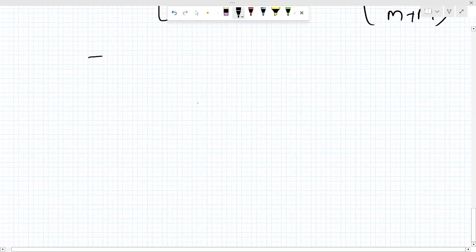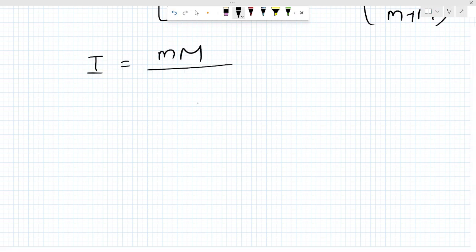Yes, let me solve this for you. I will be equal to how much? Small m into capital M upon small m plus capital M into your R square, isn't it?